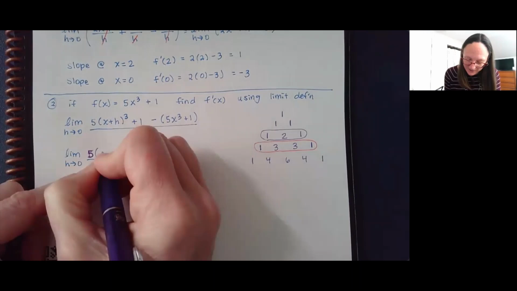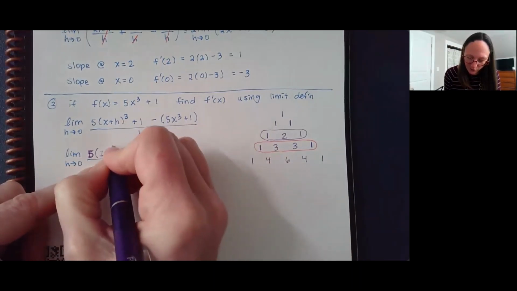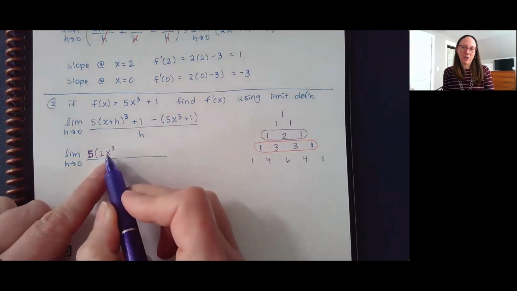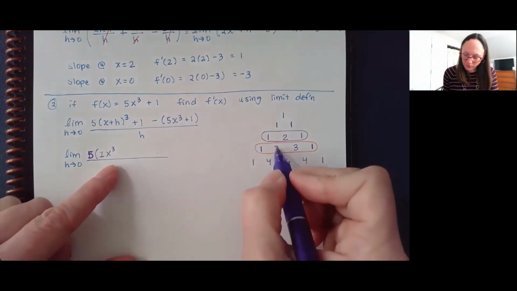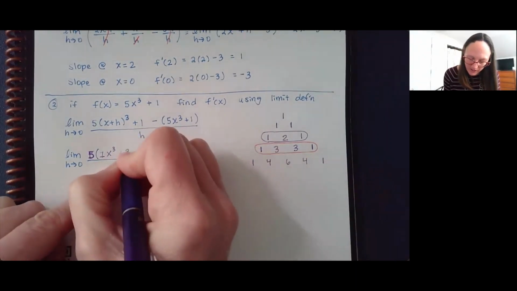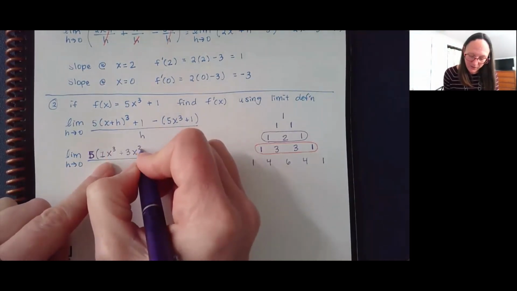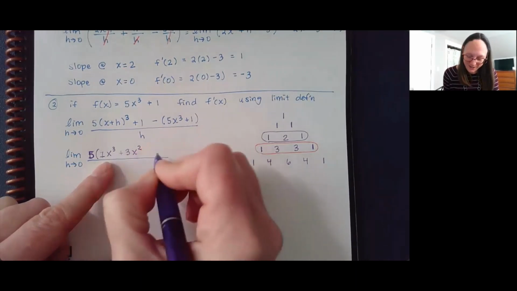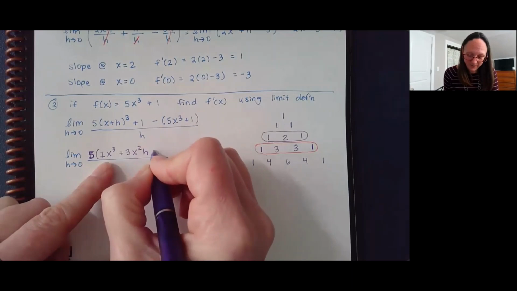I'm going to have 1 from the coefficient times x to the third. And then I'm going to decrease the power on x each time and increase the power on h. So my next coefficient is a 3. I'm going to decrease the power on x, so now that's x squared. And there was secretly an h to the 0 here, meaning when I increase the power on h, it would be h to the 1.